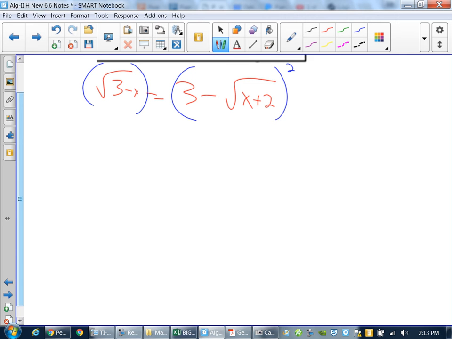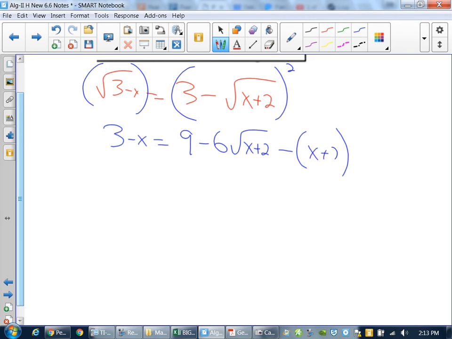Square root of junk squared is always junk. Here I have to FOIL it out. First term squared, minus 3 times junk, minus 3 times junk gives you 6 times junk. And then I have to subtract square root junk squared.